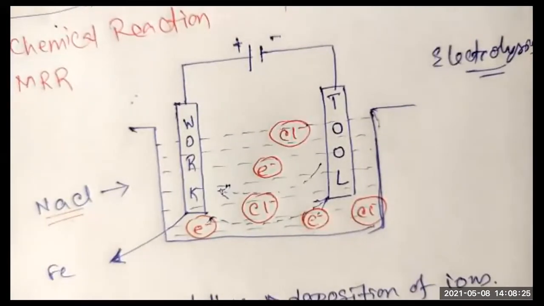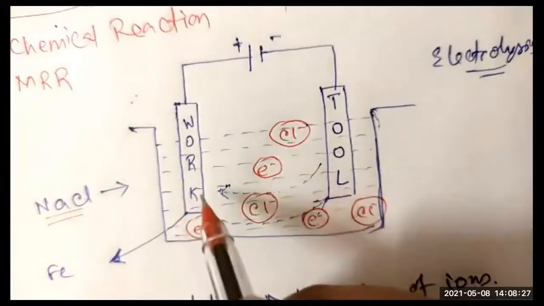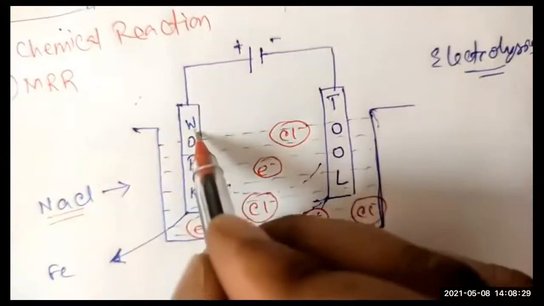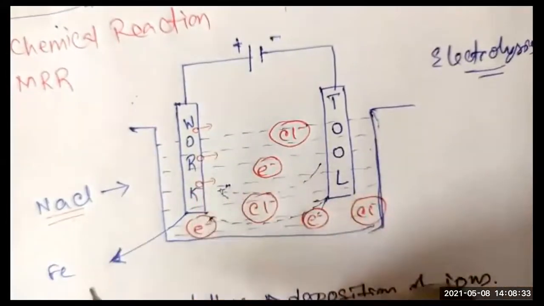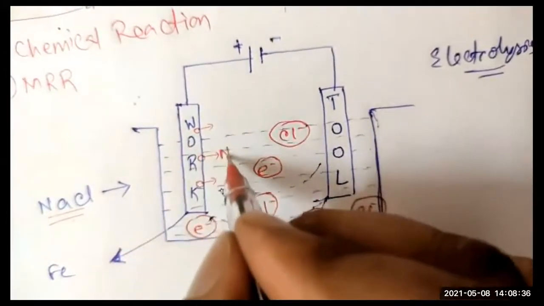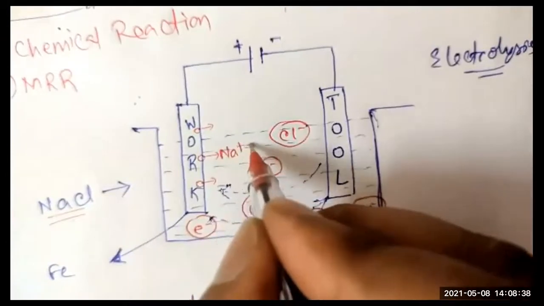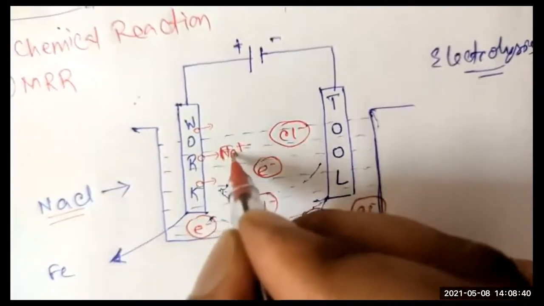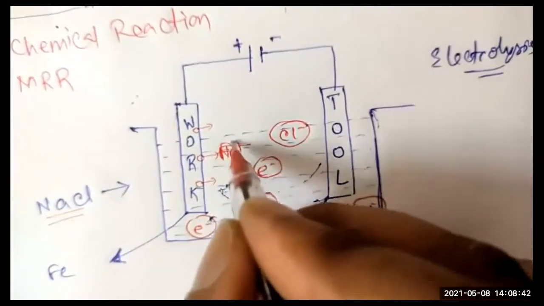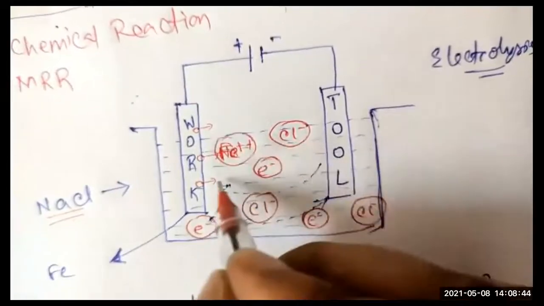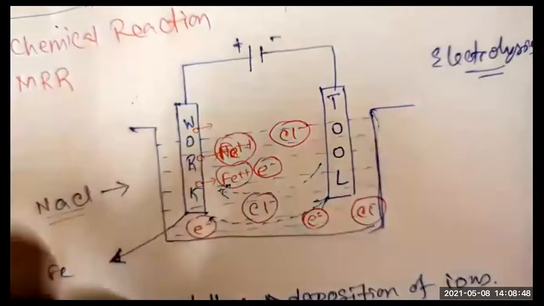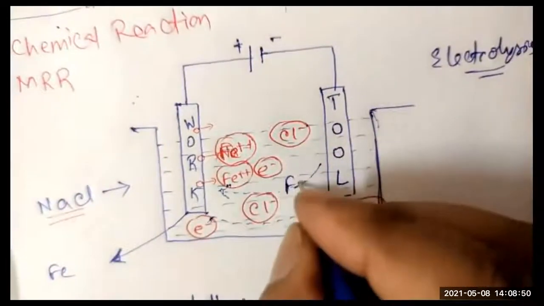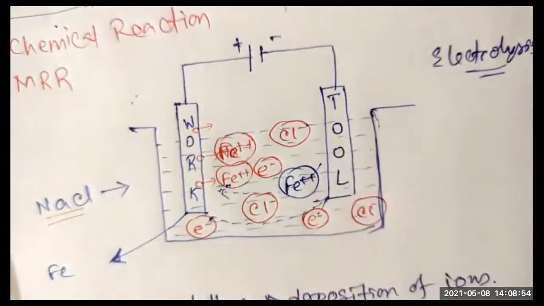As I said, some material will get eroded from the workpiece. Generally it will be, sorry, not Na, Fe, the ferrous material. So it will be Fe plus plus ions. Here also Fe plus plus ions will come out. So many will be there.